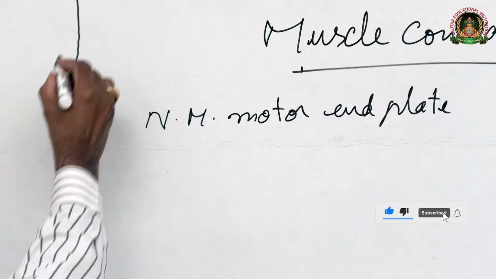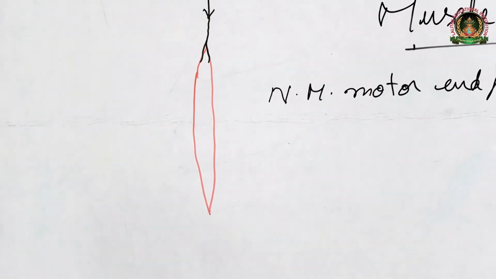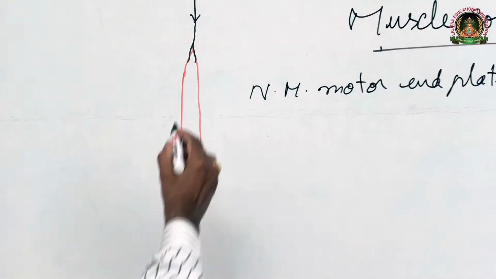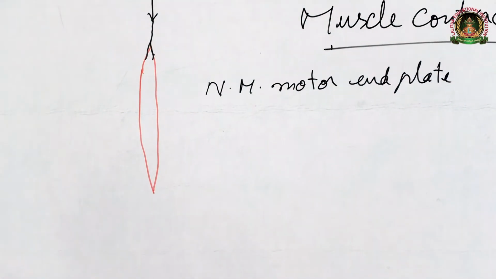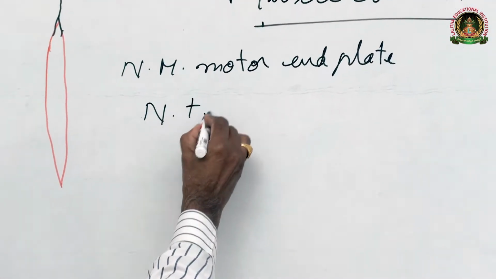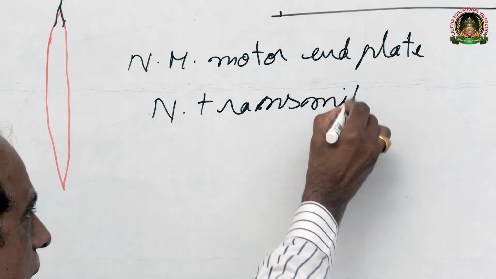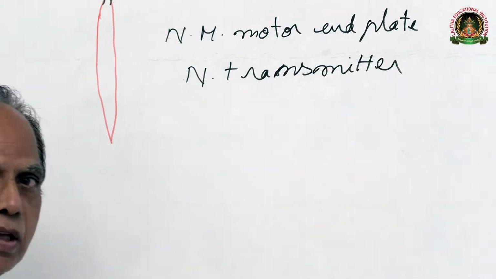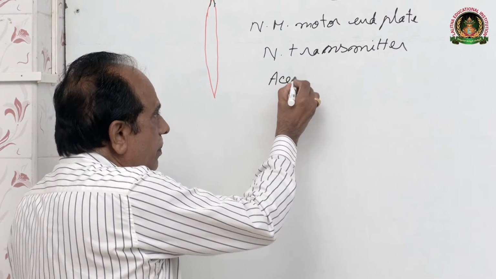So, whenever a stimulus is given, mechanical, chemical, thermal or electrical, because of the stimulus at the neuromotor junction, a neurotransmitter is released. Generally the neurotransmitter is acetylcholine.